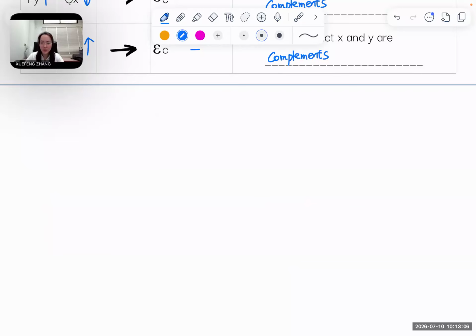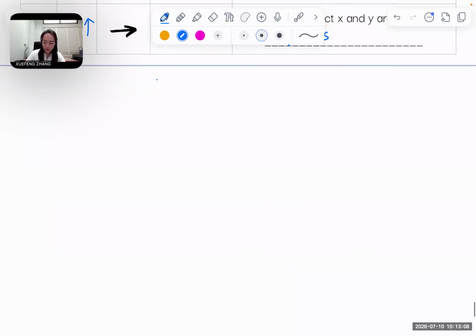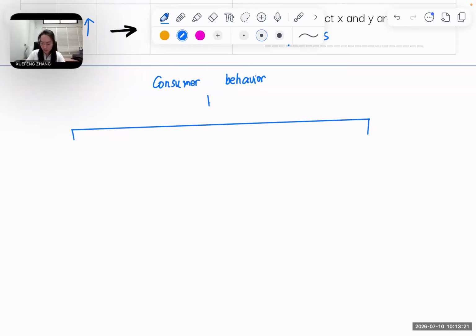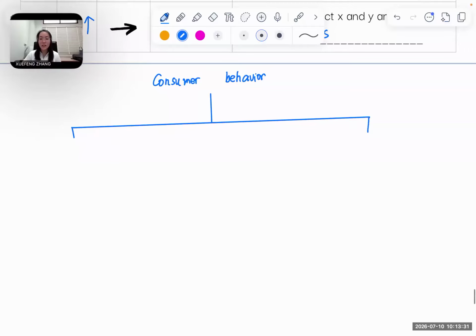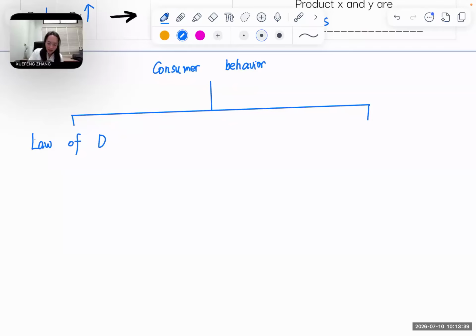Before I end Chapter 2, let me summarize for you, okay? Chapter 2 is about consumer behavior, okay? And then, the first part we learned about the law of demand, okay? So you need to know what is demand.